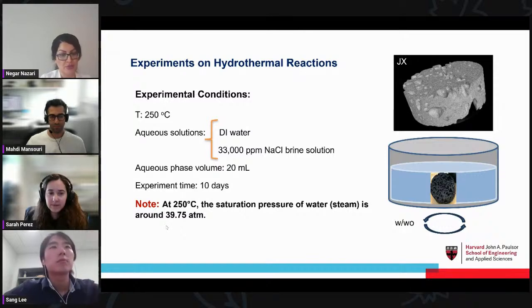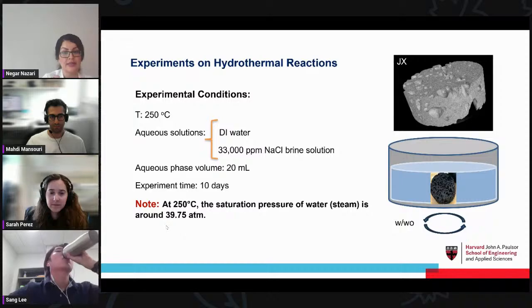One of them that I'm showing today is the 33,000 ppm NaCl brine, equivalent to seawater salinity. We add around 20 milliliters of the water to a core placed in a high-pressure vessel, and we let it stay in the oven for 10 days.